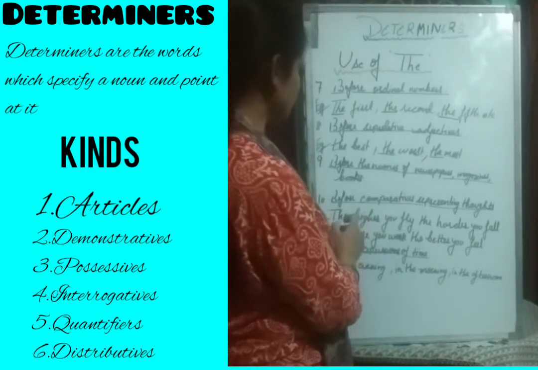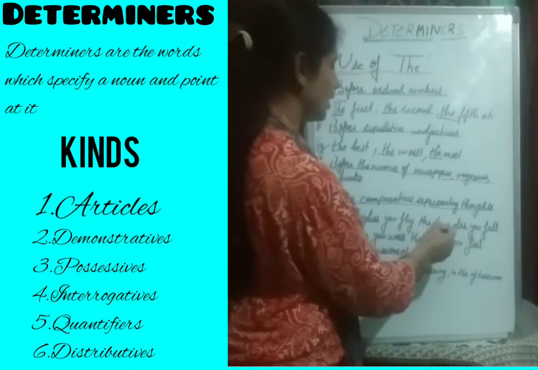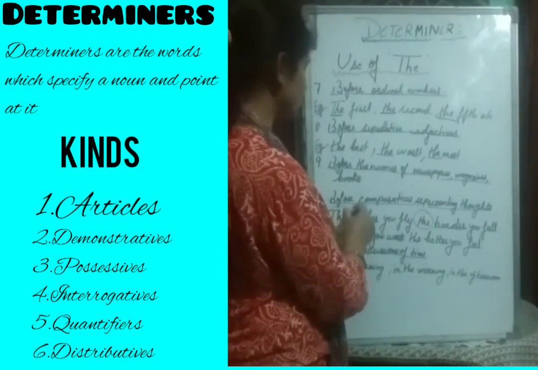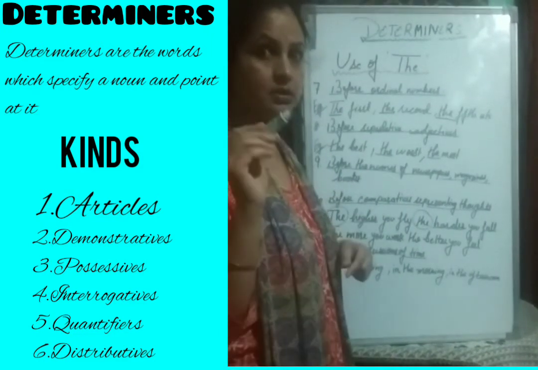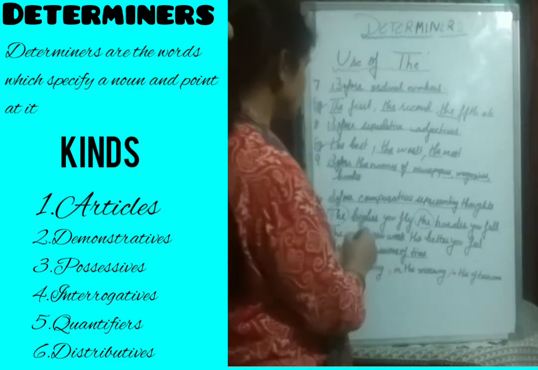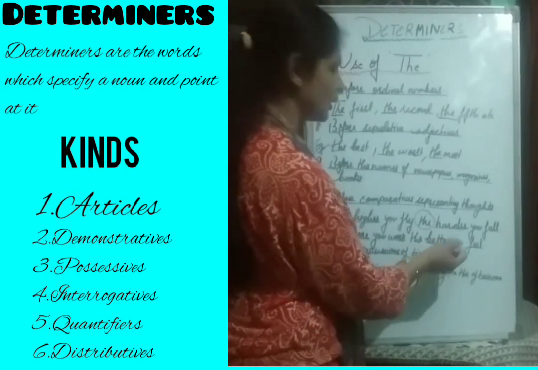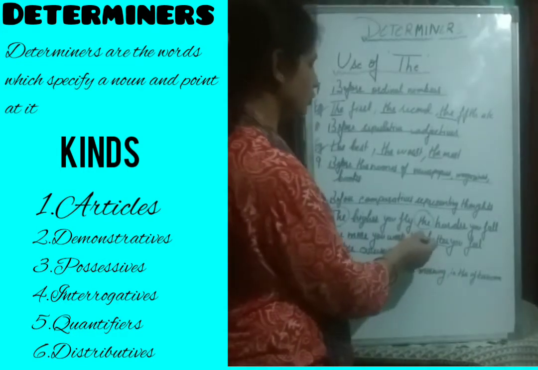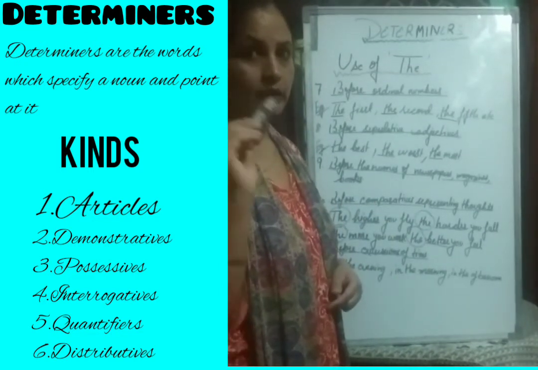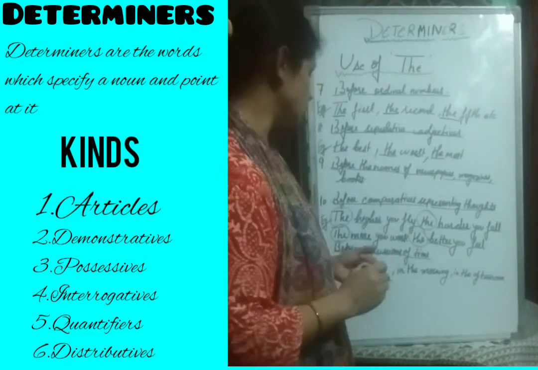Higher is comparative, and harder is also comparative. So what have we used here? The article before such comparatives, which represent thought. The more you work, the better you feel. More is comparative, and better is comparative, and before that we have used the definite article. So when they represent thought, at that time we use the article.